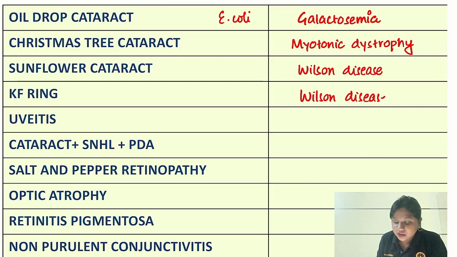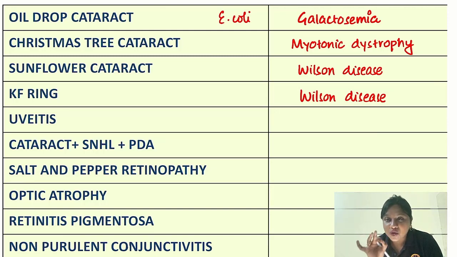Now let me tell you the concept regarding KF ring. So what is KF ring? It is nothing but the deposition of copper in the Descemet's membrane of cornea. Right? And you can test for KF ring by slit lamp examination.